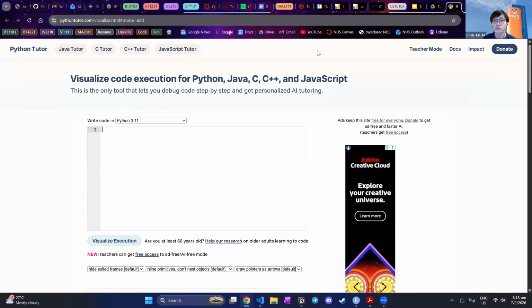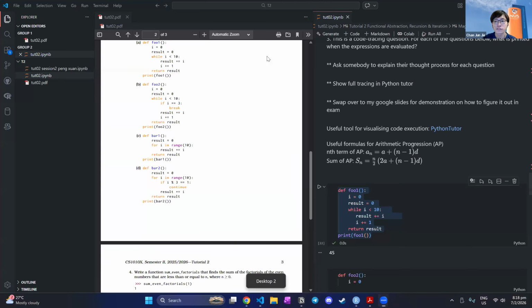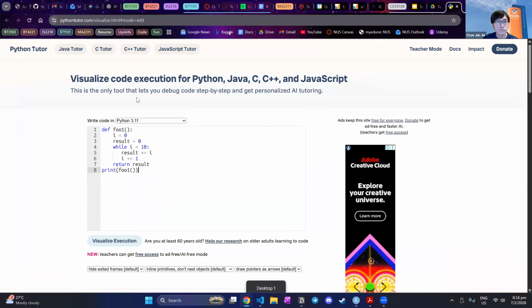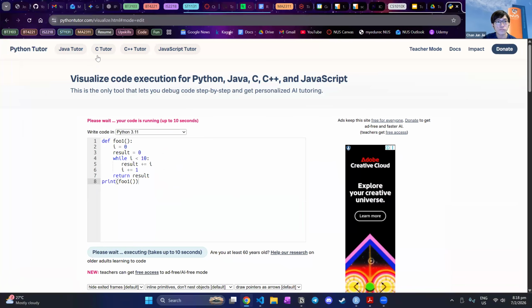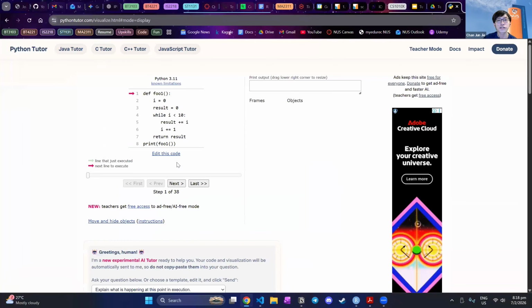I'm sure Prof has shown you before. Let's see. So if you guys are having trouble with some tough tracing questions, you can use this.